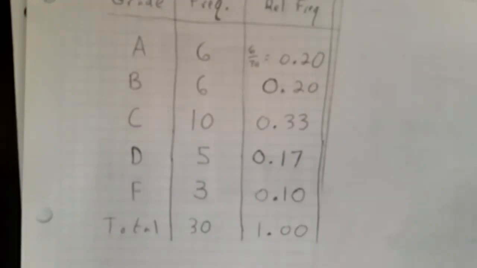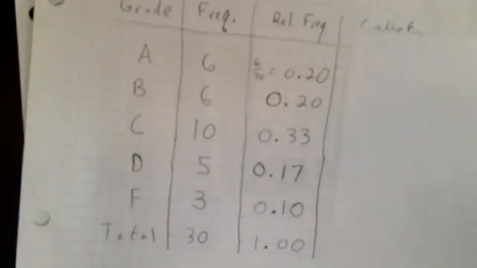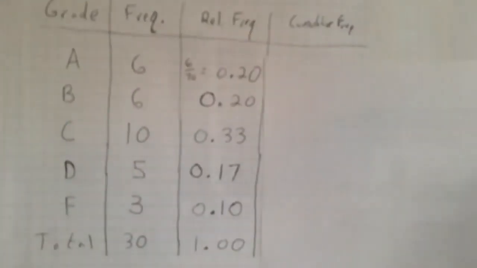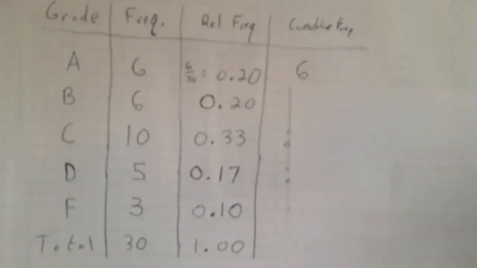So frequency, relative frequency. The next thing is cumulative frequency. I believe it's the last thing I asked for. So for cumulative frequency, we take the frequency. This one happens 6 times.